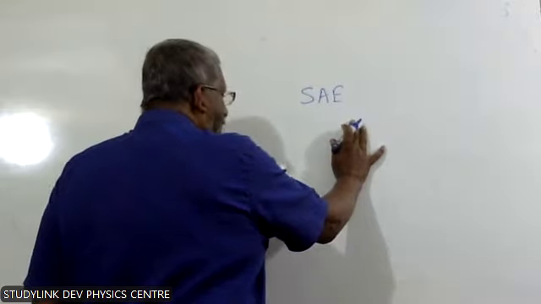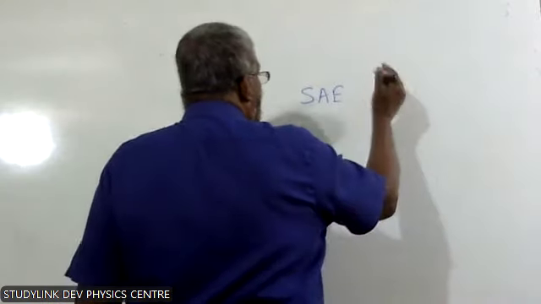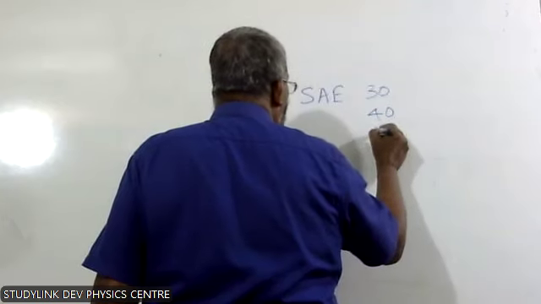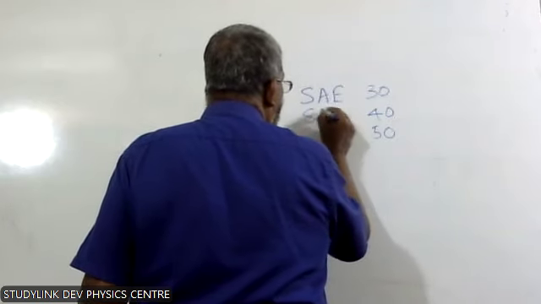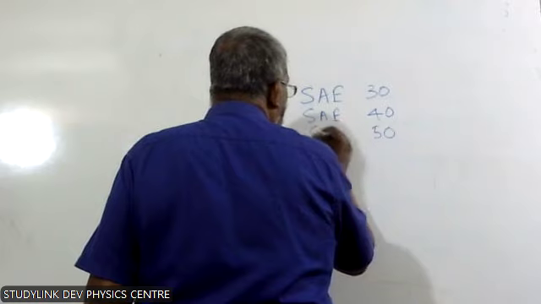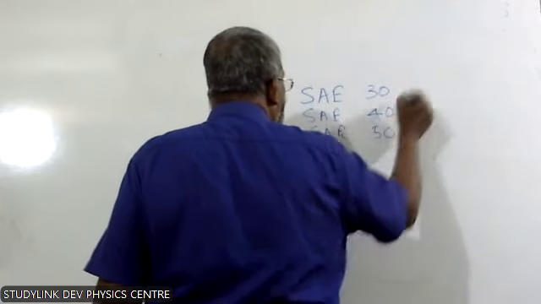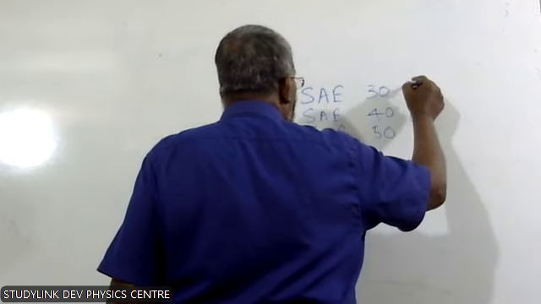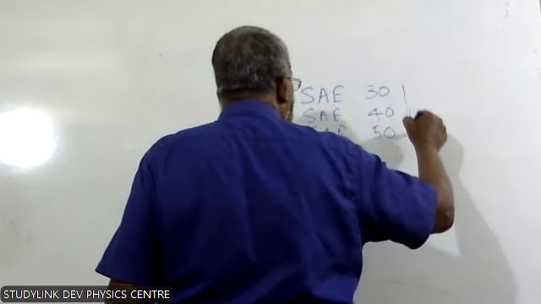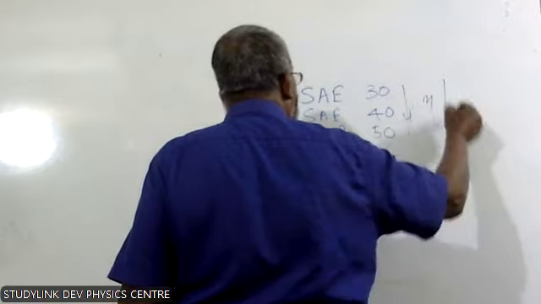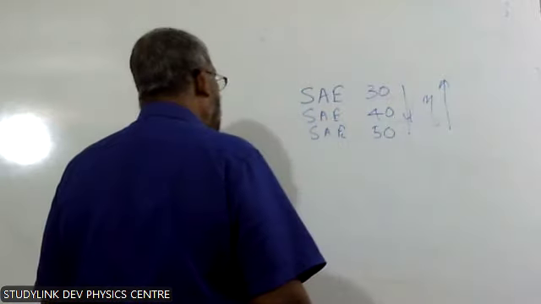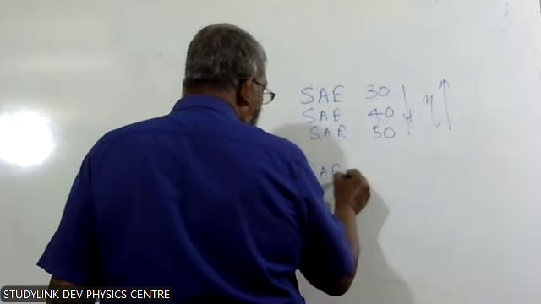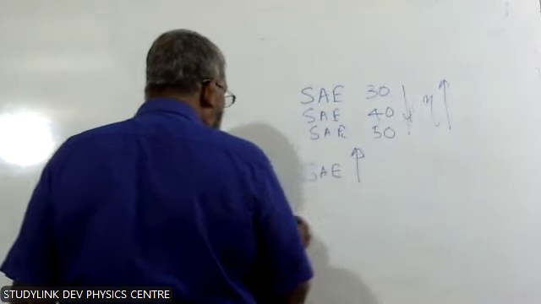So SAE 30, 40, 50, like that for engine oil. As the thickness, the viscosity eta, increases, the SAE number increases.